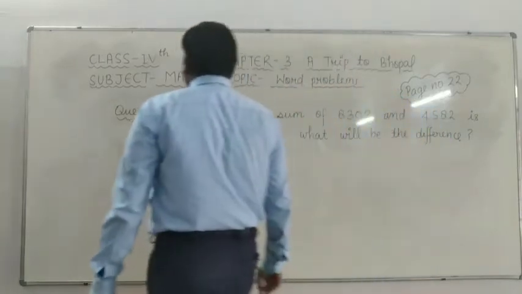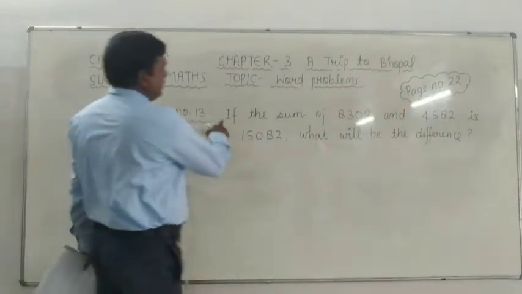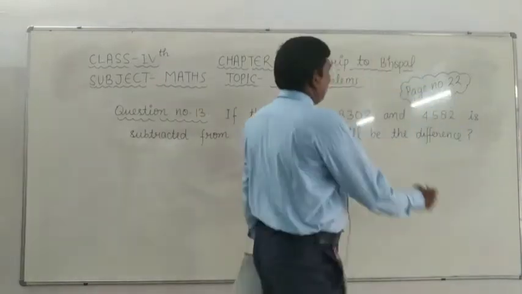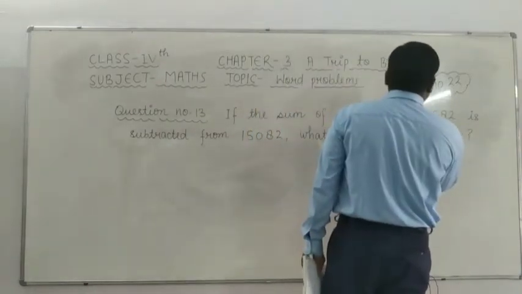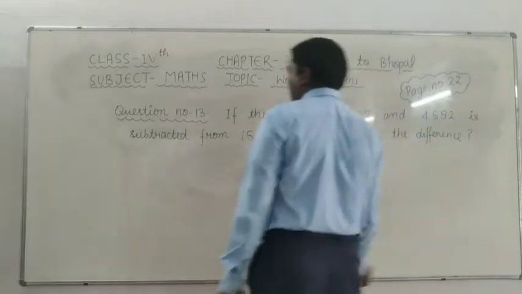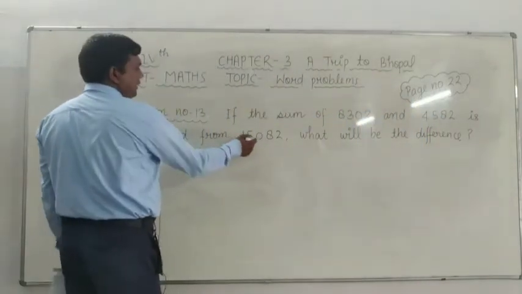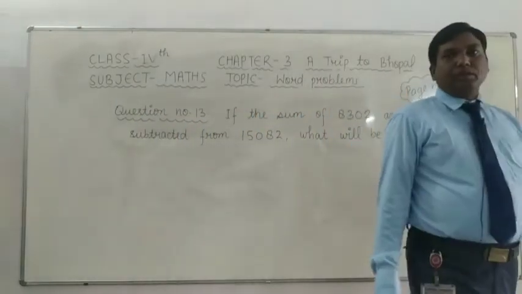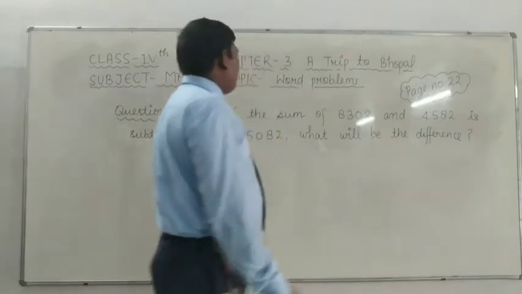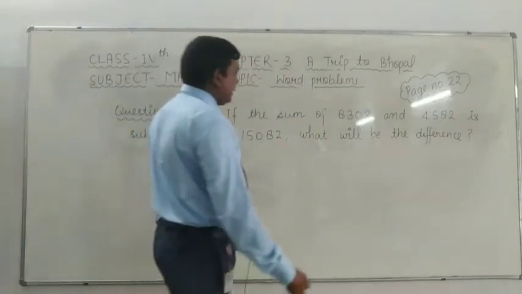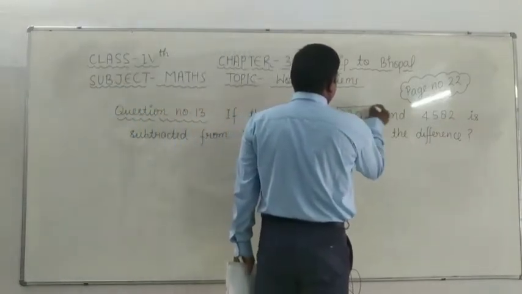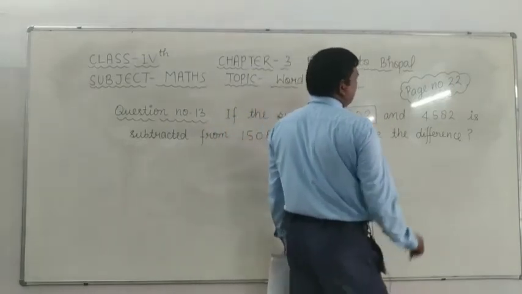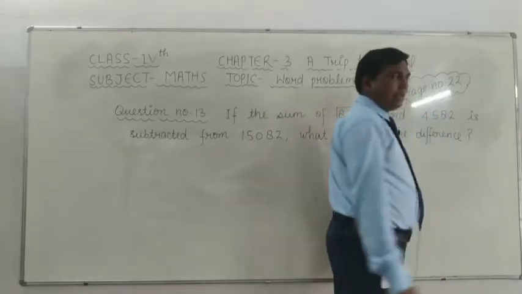Okay students, in this question it is given that if the sum of 8,302 and 4,582 is subtracted from 15,082, what will be the difference? Firstly we have to add 8,302 and 4,582.